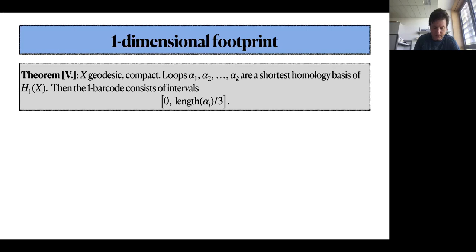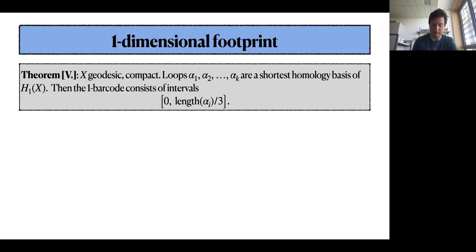If X is geodesic, meaning that whenever you have two points x and y in the space, there exists a path in your space between these two points of length equal to the distance between x and y, so all distances are realizable by a path.